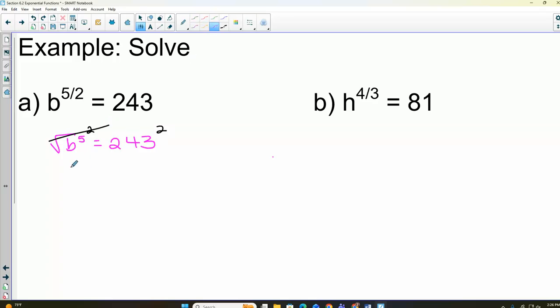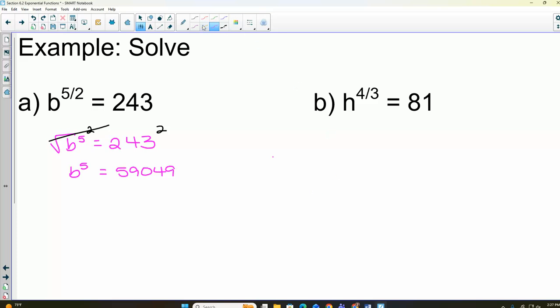B to the 5th equals, I don't know what 243 squared is. You did a square root instead of. Yeah. Okay.